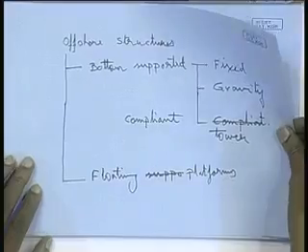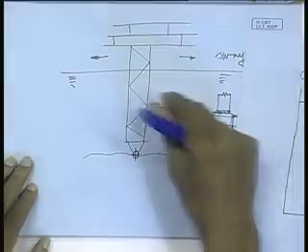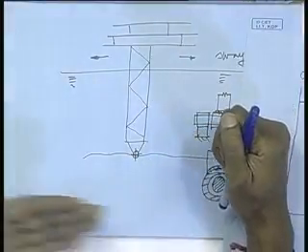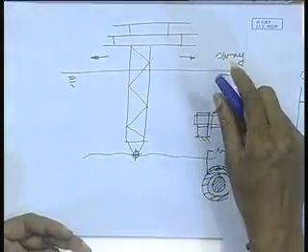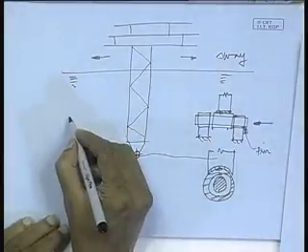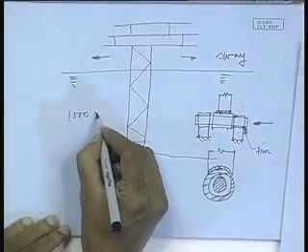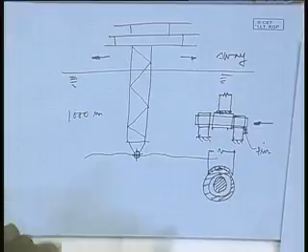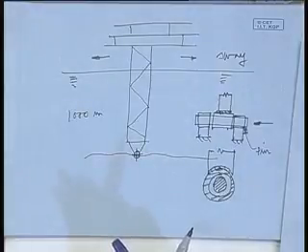offshore structures. Anyway, that is how this compliant tower concept came, and by simply doing this, one could go up to a depth of almost 1000 meters. That was a big leap towards offshore oil exploration, just by making this concept of compliant tower.